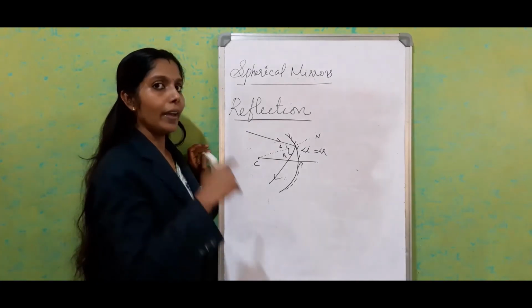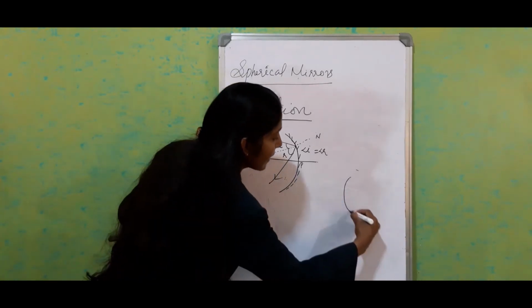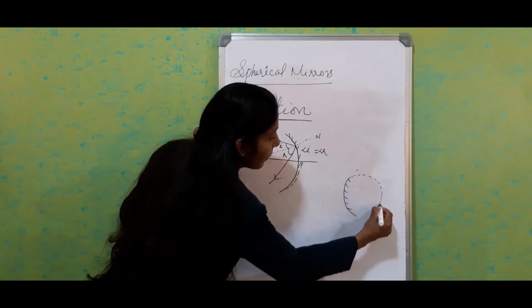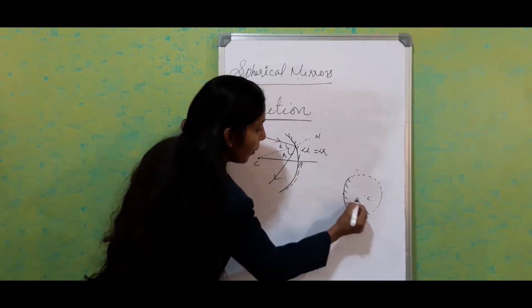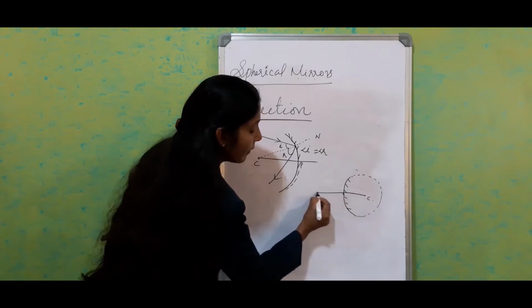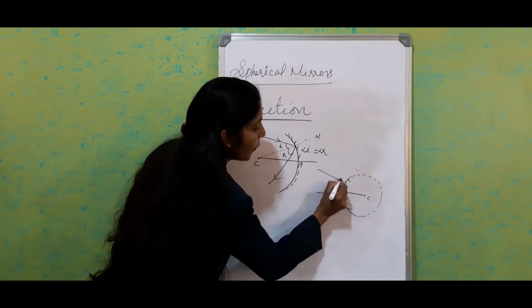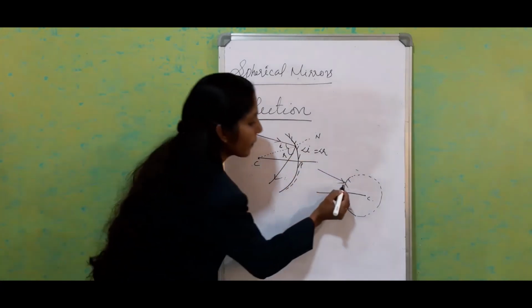We'll see how we have to draw in the case of a convex mirror. Just see this as a convex mirror. So this also will have a center of curvature here and the pole. So this is the line which is passing through that. Just consider a ray striking over here. We know that after the reflection, it has to reflect back to the same medium.